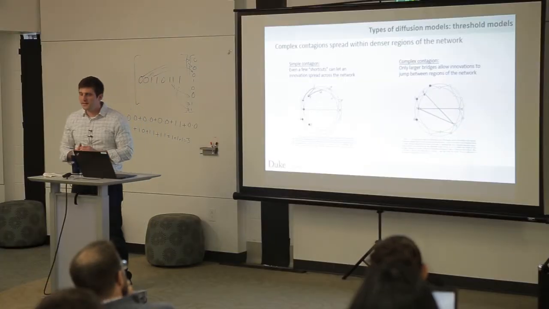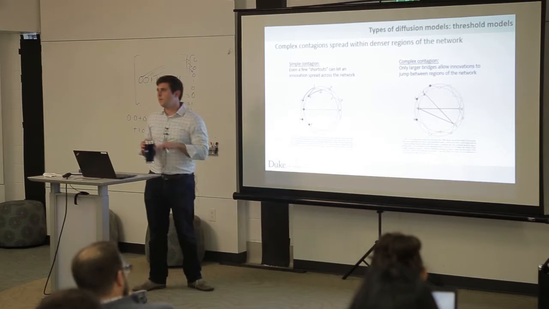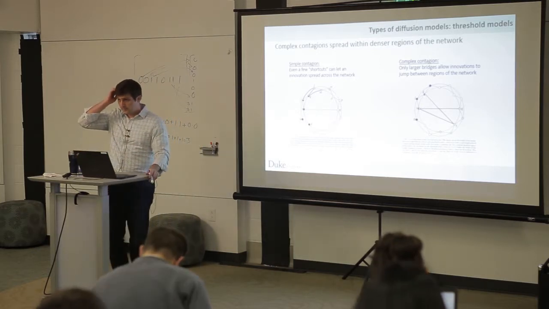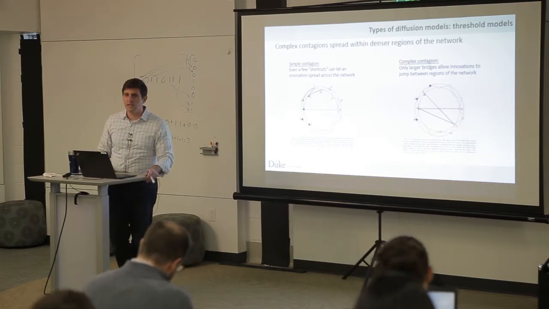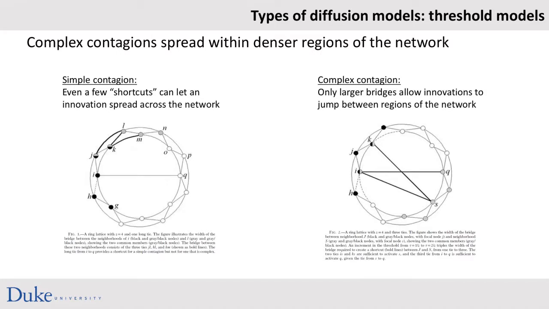The upshot of all of that is, when you think about how networks shape the spread of an innovation, you could think that these relatively small shortcuts across the network, where a person is connected to someone who's fairly socially distant from them, could be a conduit for information.